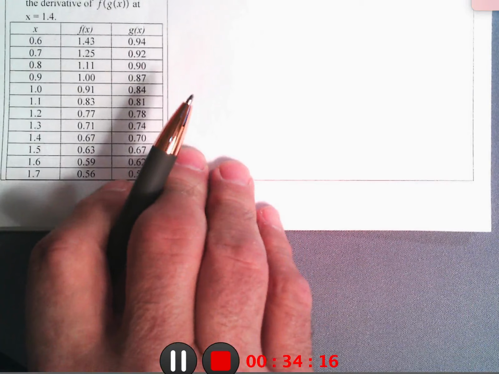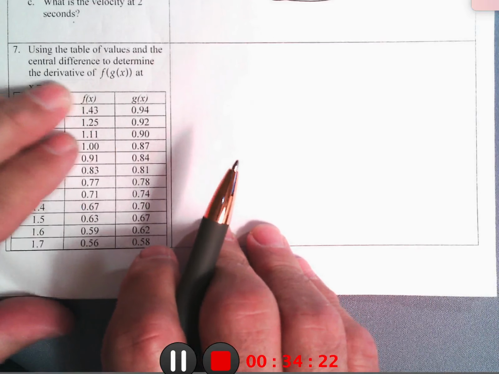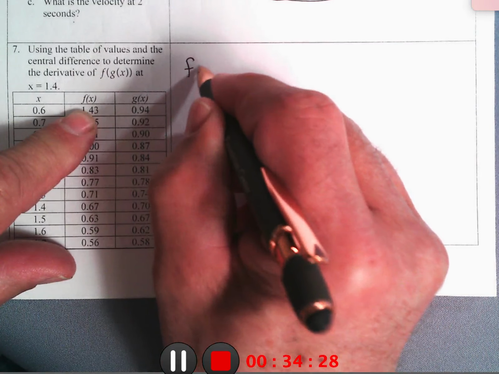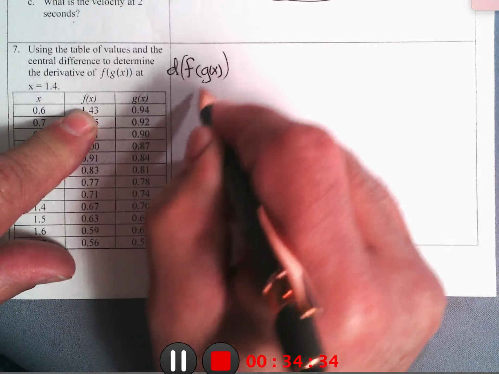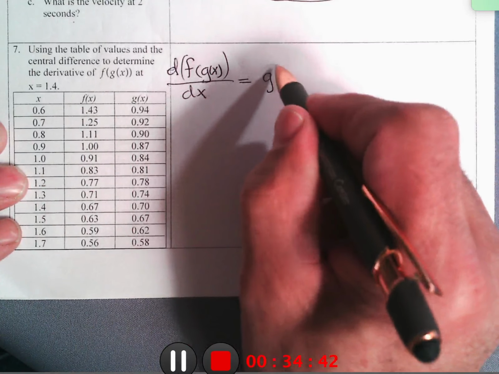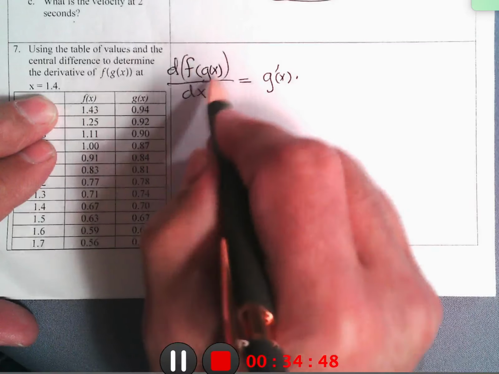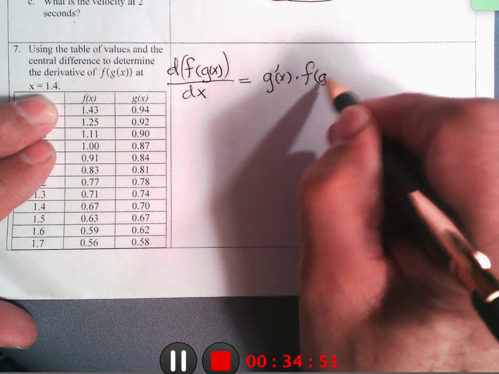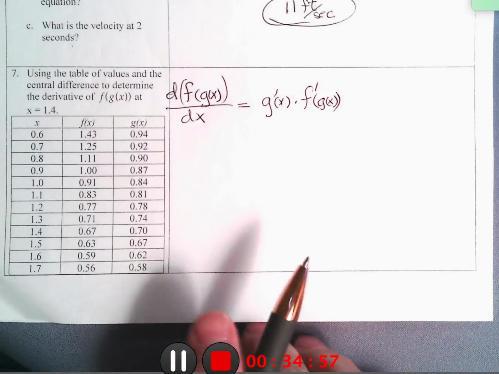And this one. Determine the derivative of f of g of x. F of g of x, the derivative of that, dx. This is chain rule, so it's the derivative of the inside times the derivative of the bigger picture, f prime of g of x. Okay, and we're doing this at 1.4.